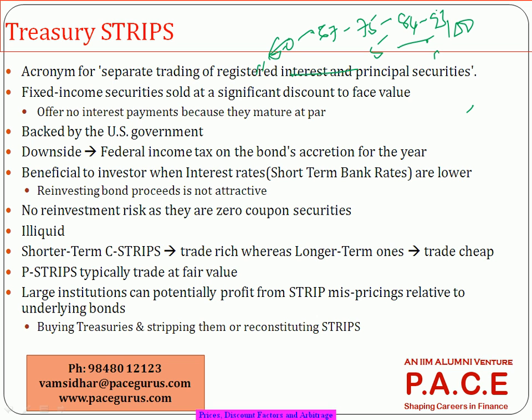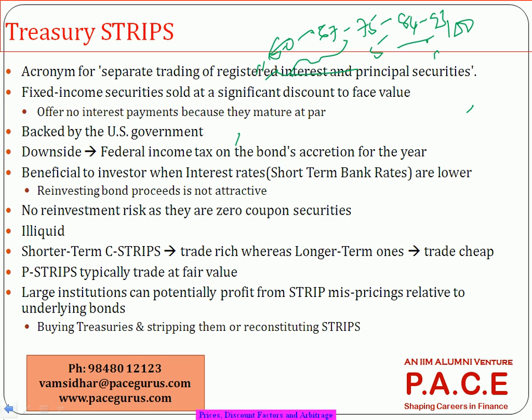Let's say it is happening like that. Now at the end of 1 year, you have got a return of 7. That is like accrued interest for you, though you have not got that money.